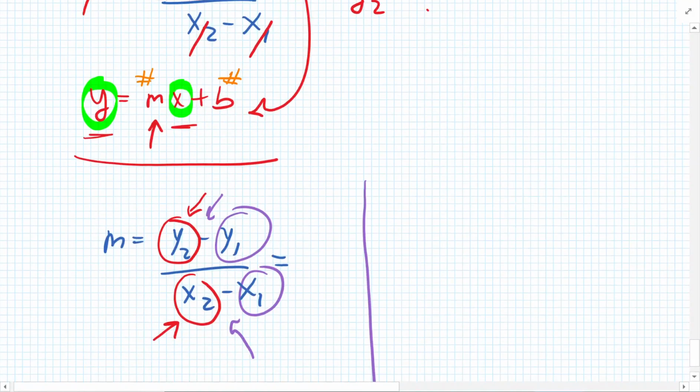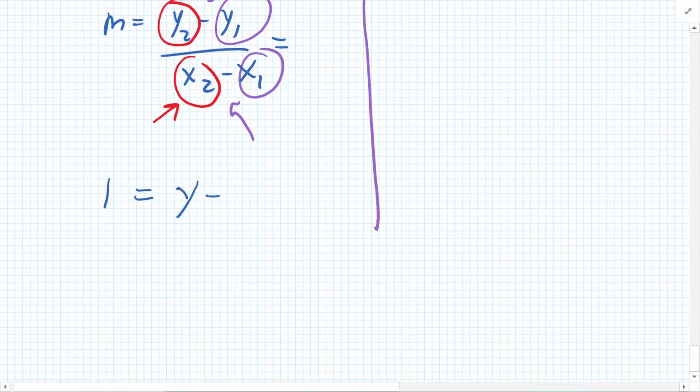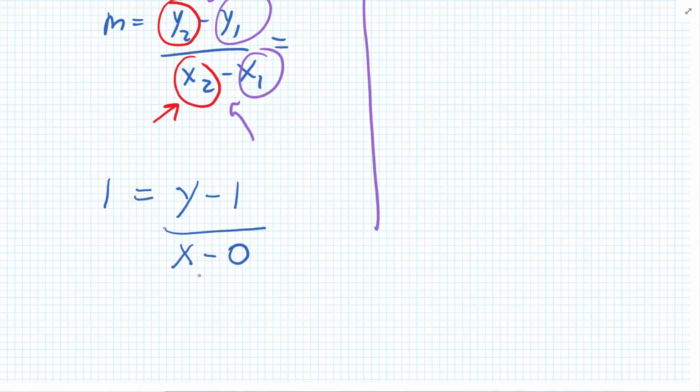Or 1. So in this situation, we're going to substitute in a 1, all divided by x minus 0. We could perhaps use another point, but this simplifies matters, does it not?